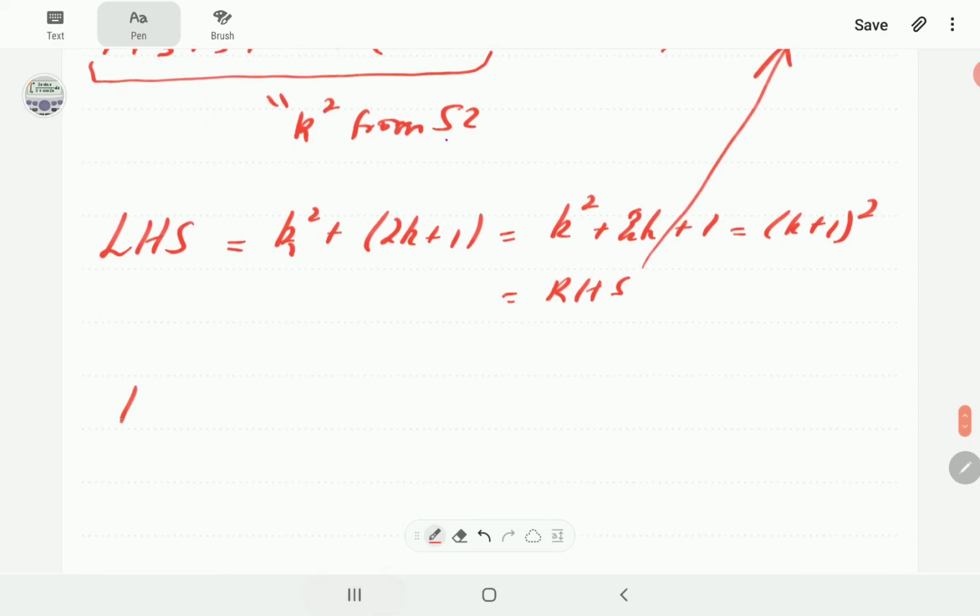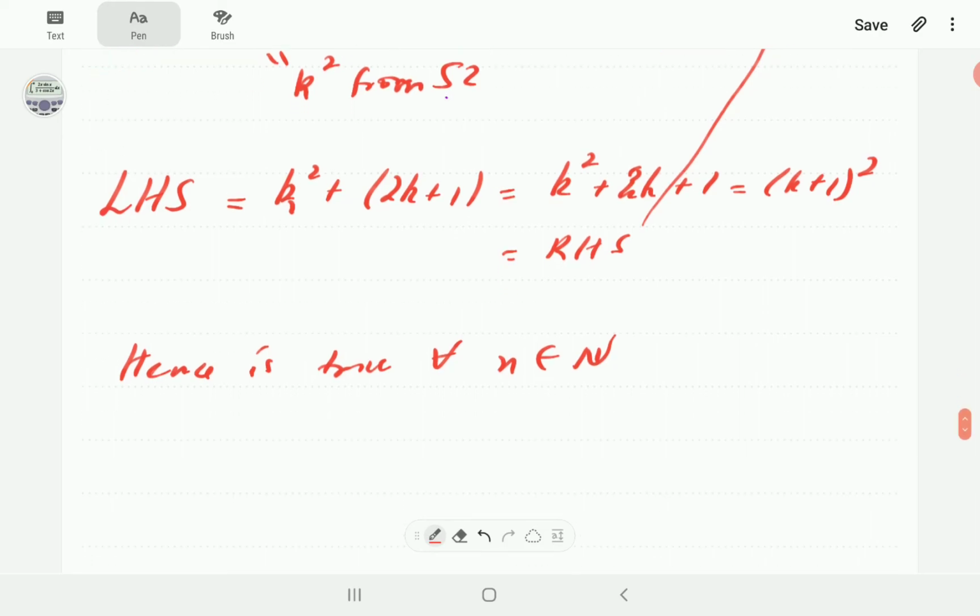So the formula is true for all natural values of n. Okay.